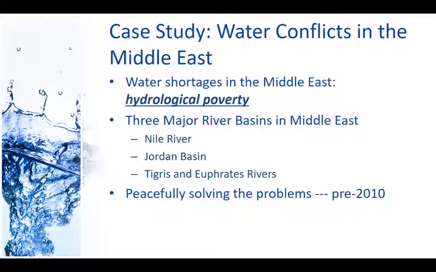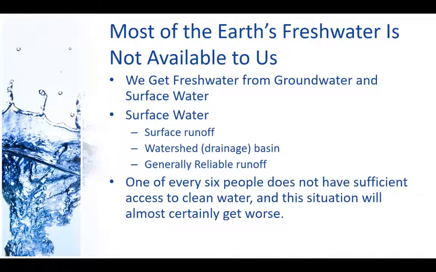Now, we have to remember that only 3% of the water on our planet is actually fresh water, and most of that is not available to us. We get fresh water from both groundwater and surface water. Surface water is a combination of our watershed, right? Everyone lives downstream.